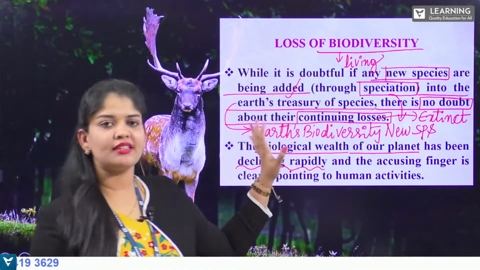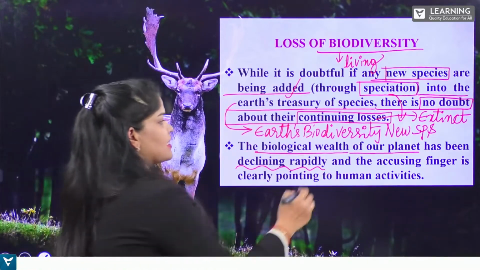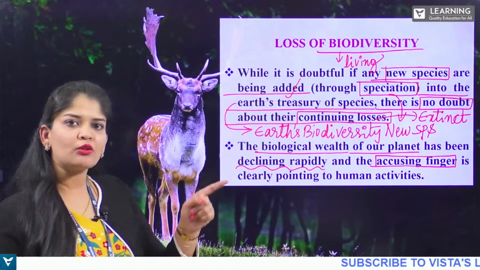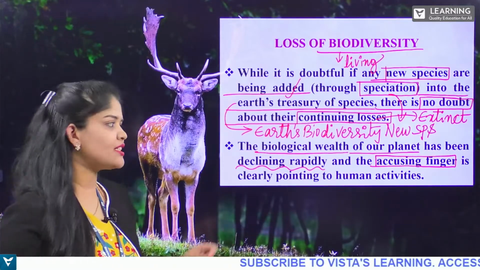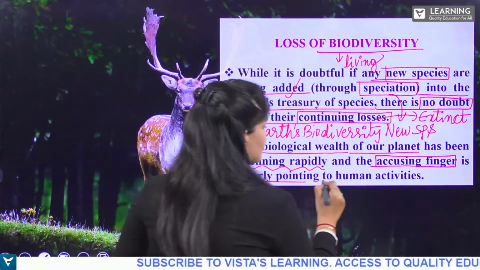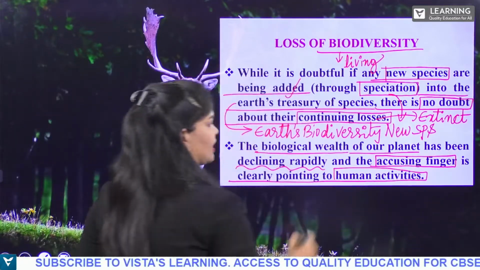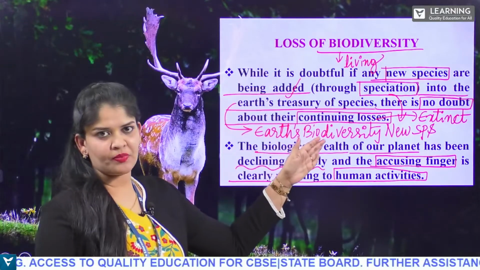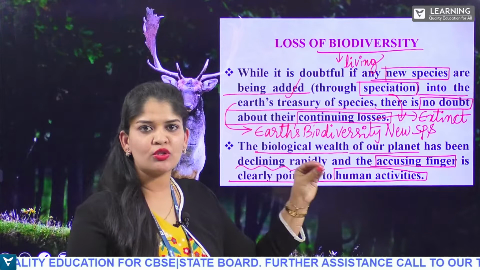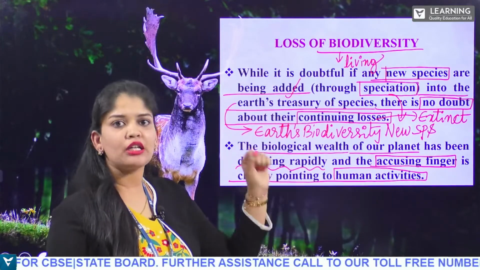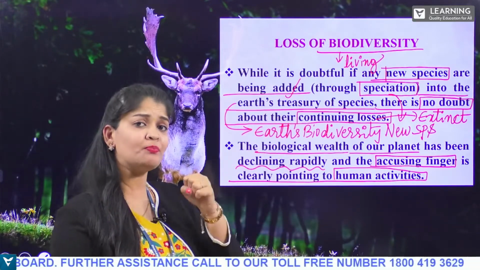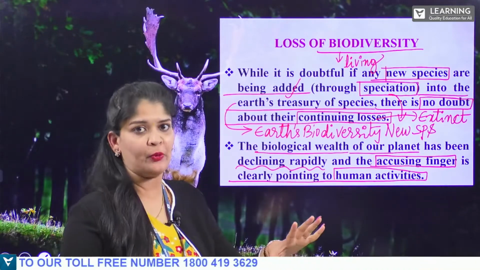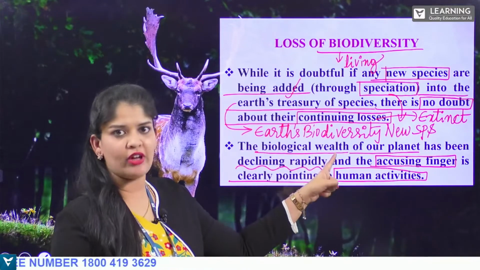And the accusing finger, which is nothing but the pointing finger, is definitely and clearly pointing to human activity. So we can understand that the loss to the existing biodiversity has happened, is happening, and in future is going to happen to the biological wealth.